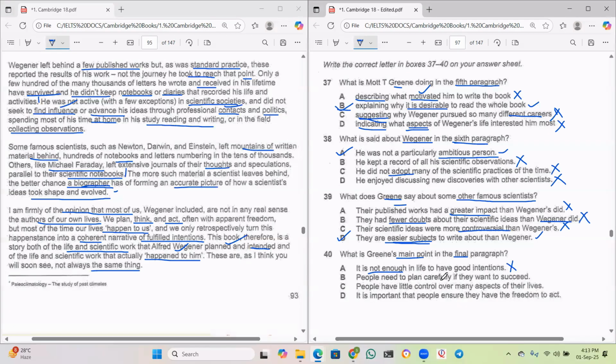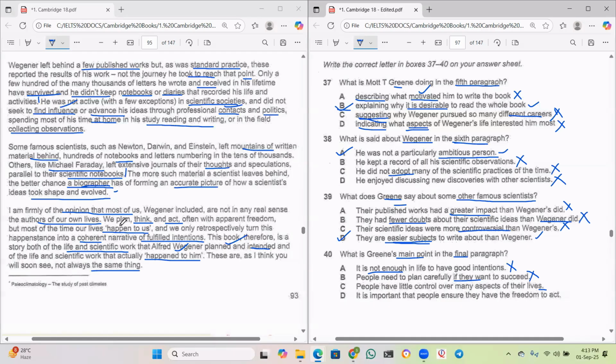People need to plan carefully if they want to succeed. No, this is not the option, because he says even if you plan, think, and act, life will happen to us ultimately. So this is not the option. People have little control over many aspects of their lives. Wow, yes, this is the right one.